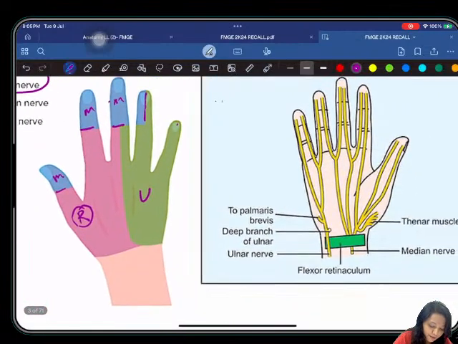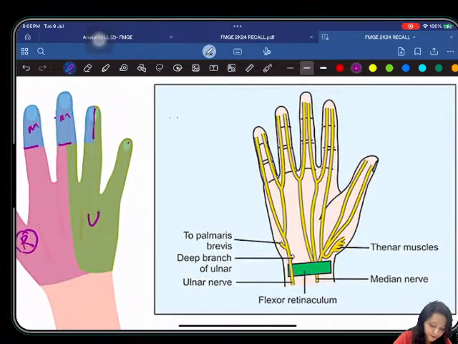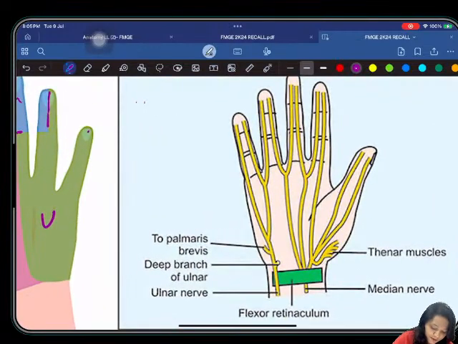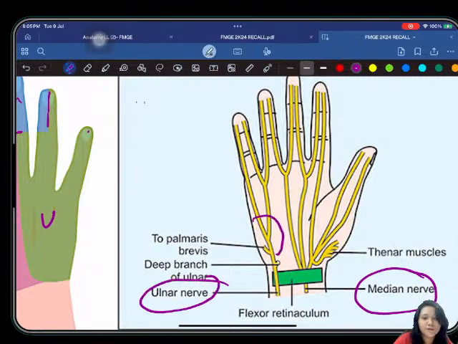If you can see here, the thenar muscles are supplied by the median nerve and the hypothenar muscles are supplied by the ulnar nerve. Any question on this? Has anybody attempted this question in the chat?